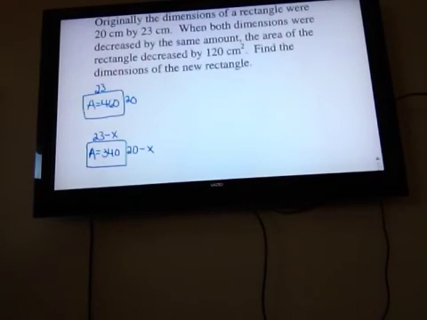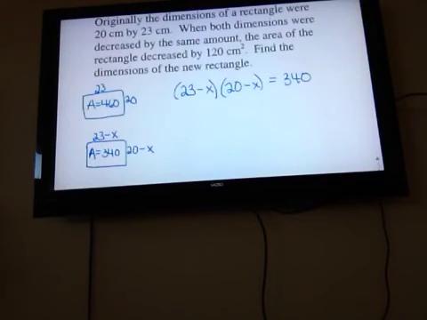And then I set up my equation using that second rectangle. Length times width equals my area. So 23 minus x times 20 minus x equals 340.